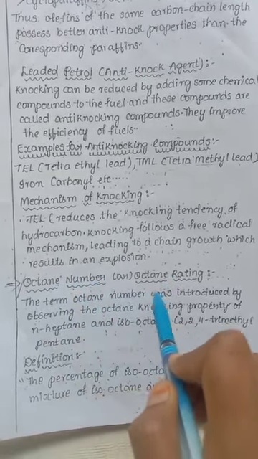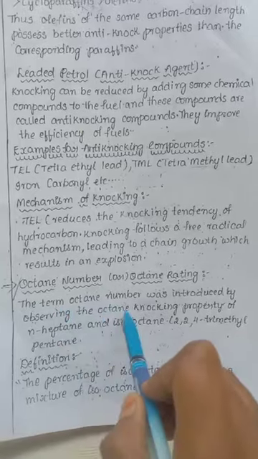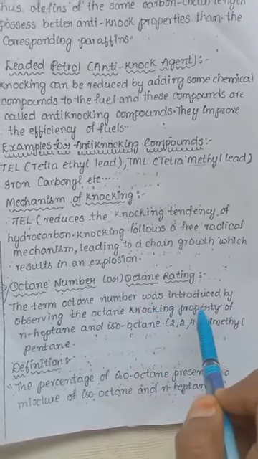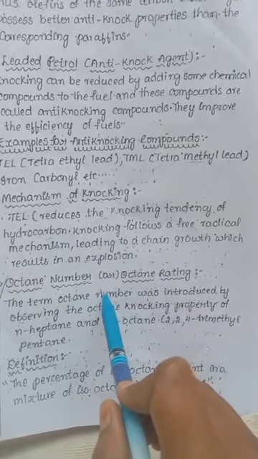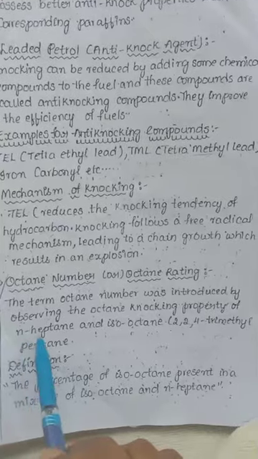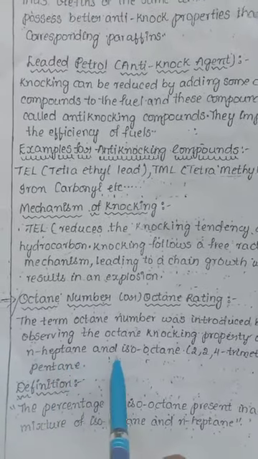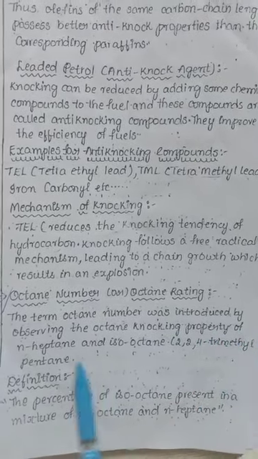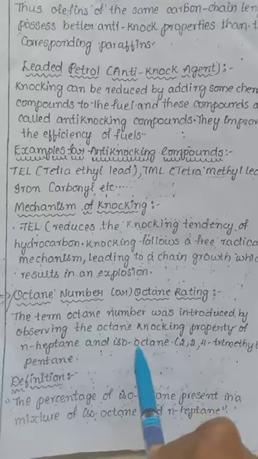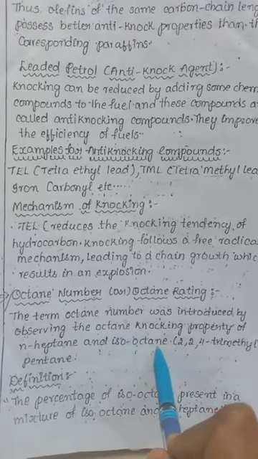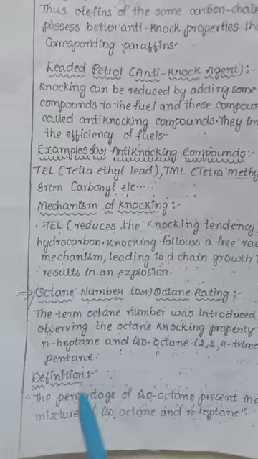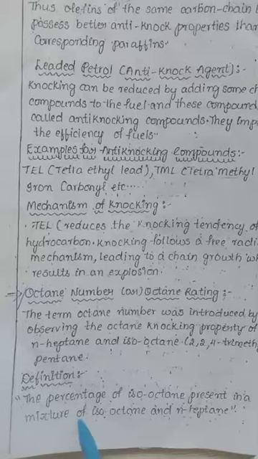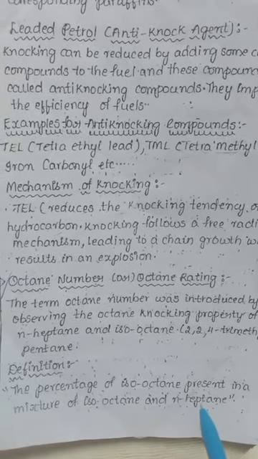The term octane number was introduced by observing the knocking property of n-heptane and isooctane, 2,2,4-trimethylpentane. Definition: the octane number is the percentage of isooctane present in a mixture of isooctane and n-heptane.